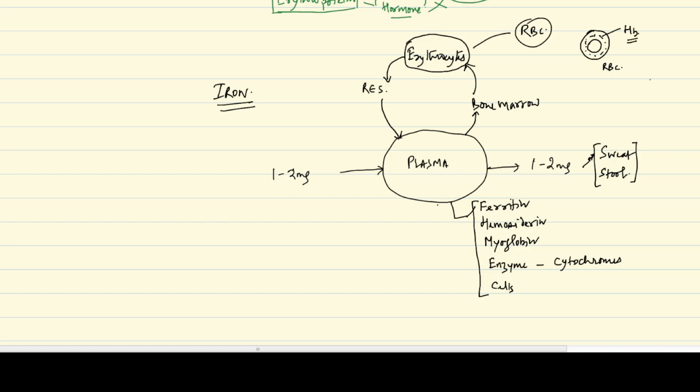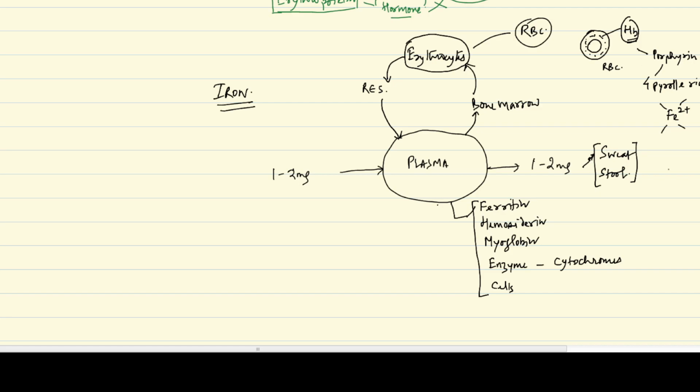Now this hemoglobin is a porphyrin structure. Porphyrin is made up of 4 pyrrole rings, and in the middle of those 4 pyrrole rings, we find iron in its ferrous form. So you have iron conjugated to 4 pyrrole rings, and that happens to be the structure of hemoglobin.